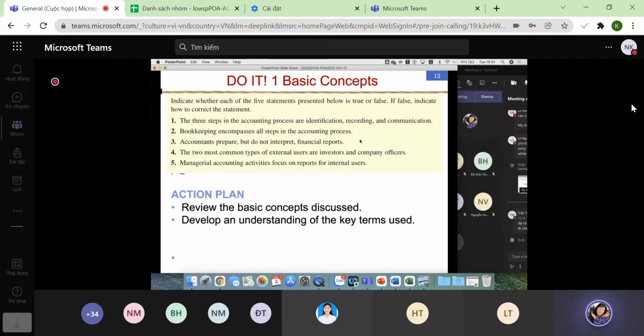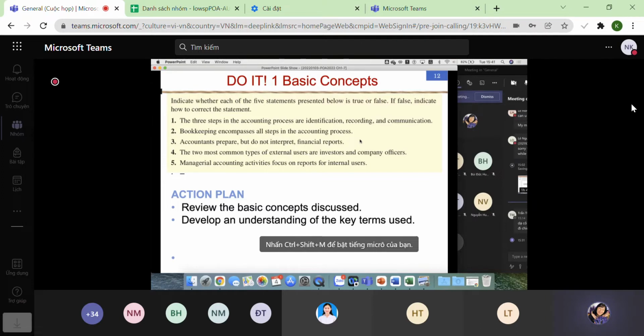True or false? Accountants prepare and what? Interpret and analyze, right? The financial reports or accounting reports. We correct by saying accountants prepare, analyze, and interpret financial reports.